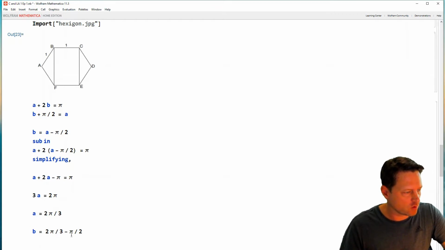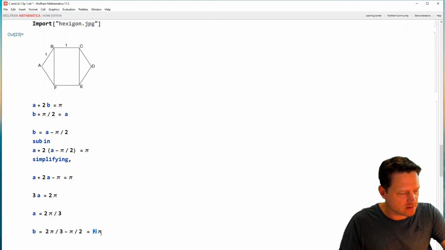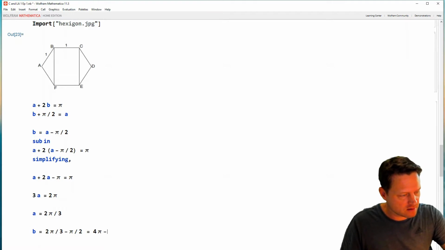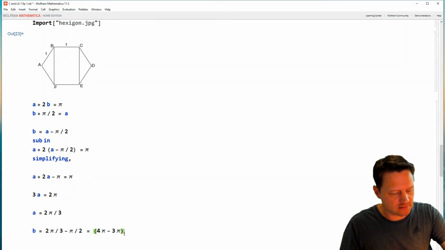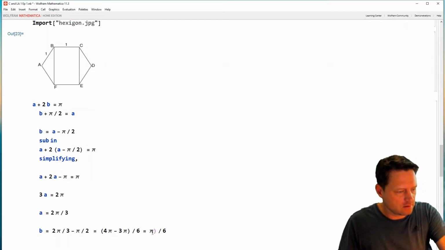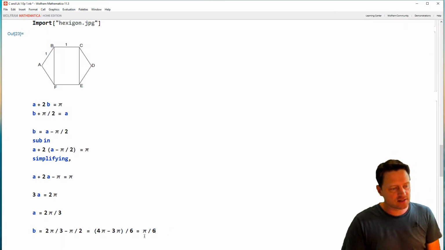So we've got 4 pi, multiplying this first one on the left by 2. So 4 pi on 6, and then minus 3 pi. Okay, so that's all over 6. Simplifying this, we just have pi on 6. Get rid of this bracket. Okay, so b is pi on 6 radians.